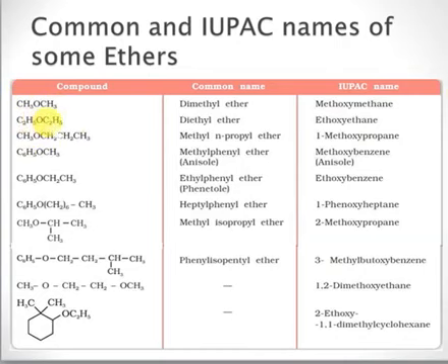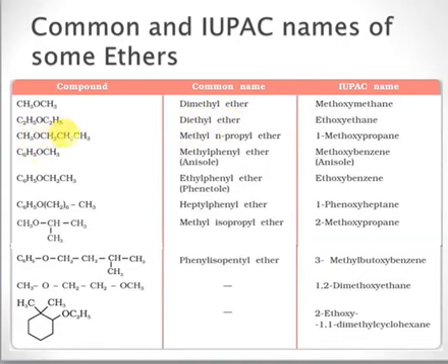Similarly here, both groups are the same: this is an ethyl group, this is also an ethyl group, so we say this is ethoxyethane. This is the IUPAC name, but the common name will be diethyl ether.